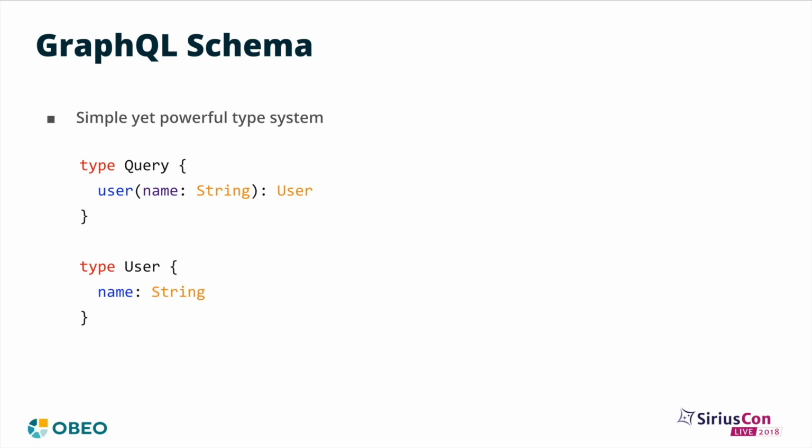On the server, we have defined our GraphQL schema thanks to its simple and powerful type system. The entry point of a GraphQL schema will always be the type query. Here, from the type query, we have a field named user, which gives us access to the type user. This way, we can start navigating between our concepts.